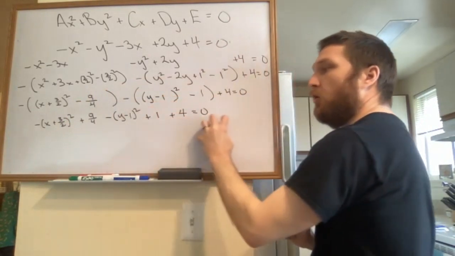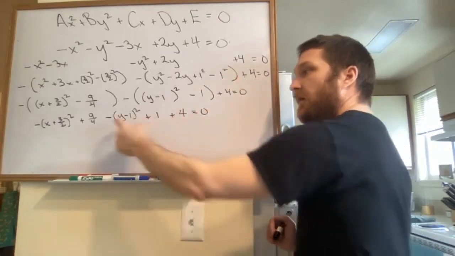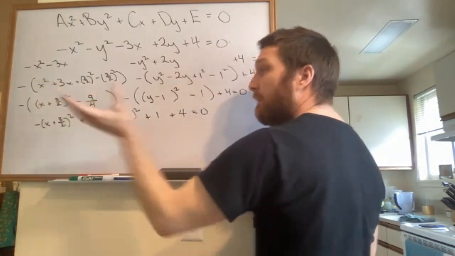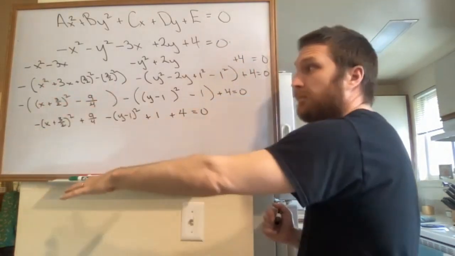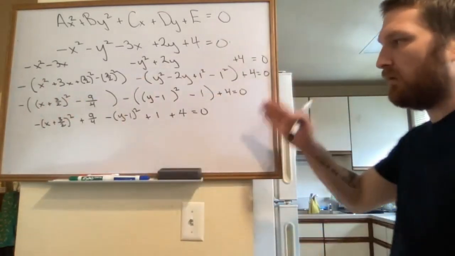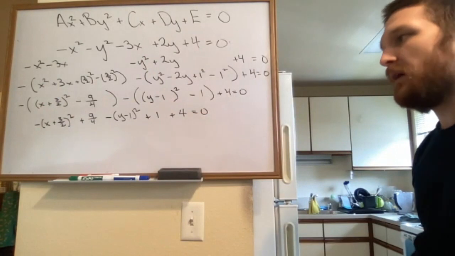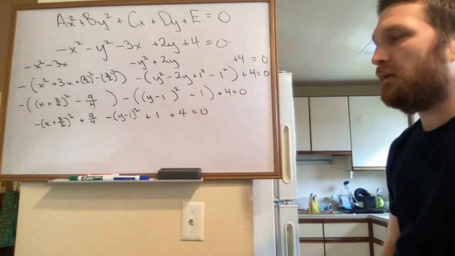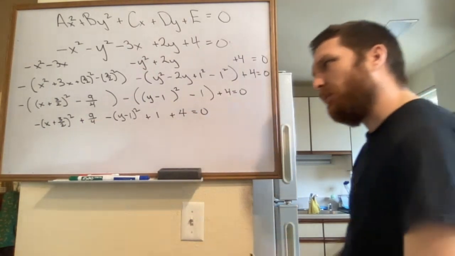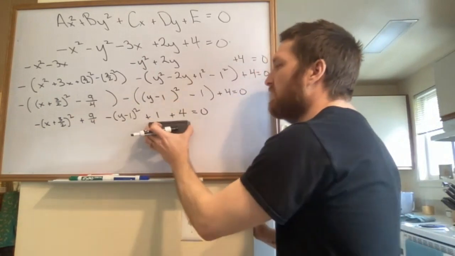I'll bring him over, it'll be a negative number, and then I'll have a negative, and so I should end up with positive, right? Because if everything is negative all the way through, I could just multiply through by -1 and everybody will be positive. So I could stop right here and classify it, but I want to be a little bit better here. I'm going to go ahead and say 1 plus 4 is plus 5.